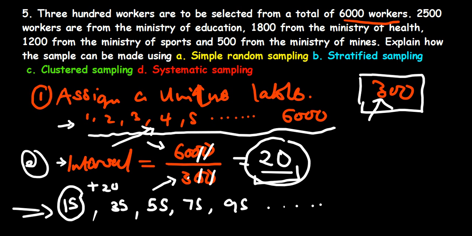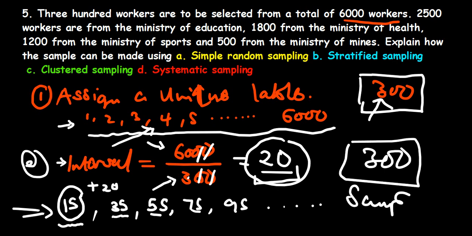It can be any number. In this case, let's say our first worker was 15. The rest of the workers in this sample will be obtained at this interval, so just add 15 plus 20. The next one you select is worker 35, then worker 55, then 75, 95, just like that until you have your 300 workers in the sample.